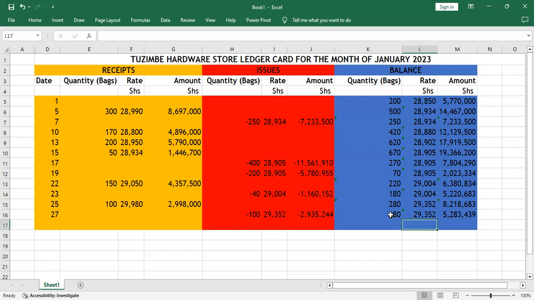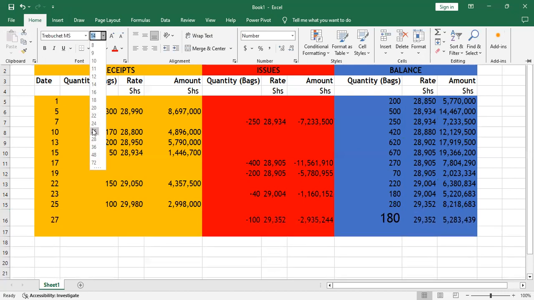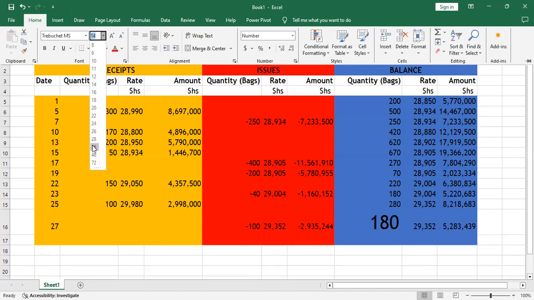So we are finally there, and we see that our closing inventory in units, we have 180.